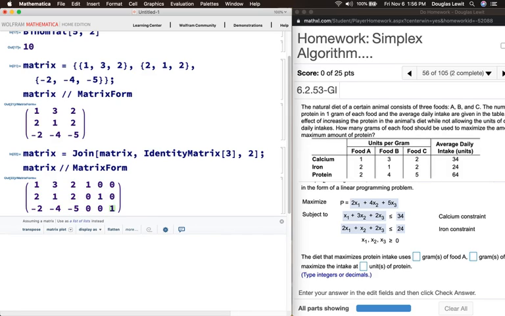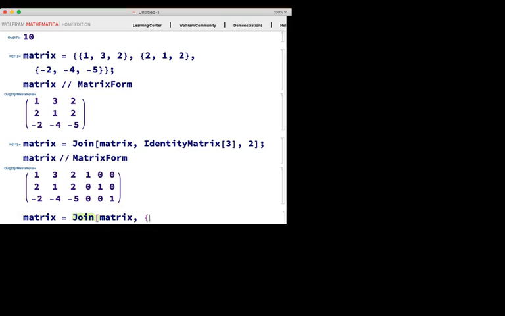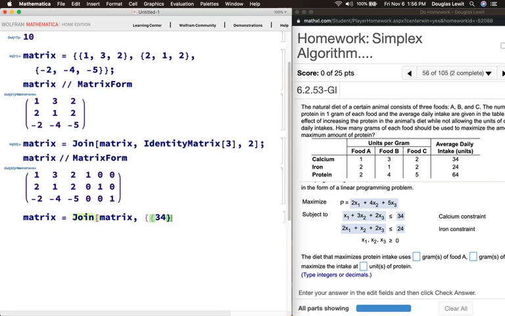That's p. P is protein. P represents protein. For this problem, it represents protein. It doesn't represent profits. It represents protein. And then finally, in the last row, I have these numbers right over here. So matrix is equal to join matrix 34, 24, and then finally remember 0.